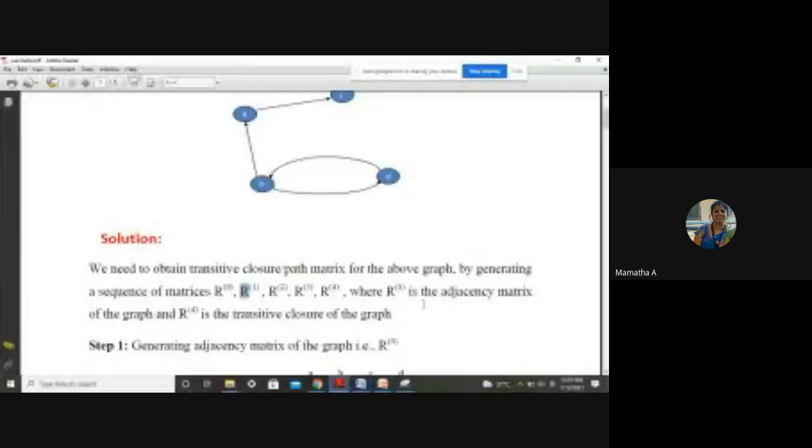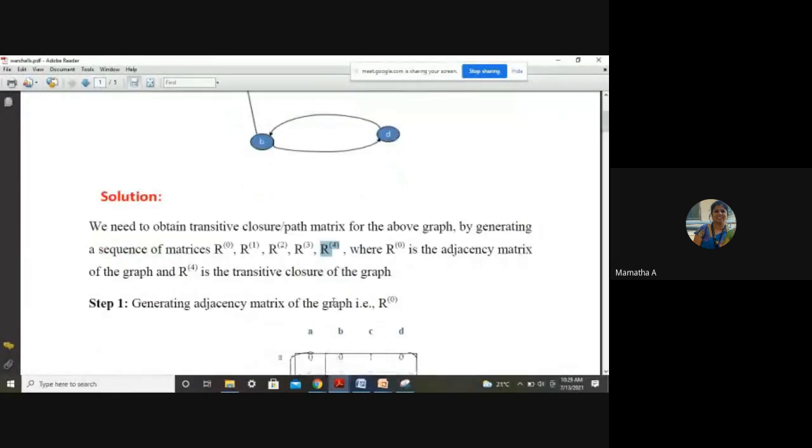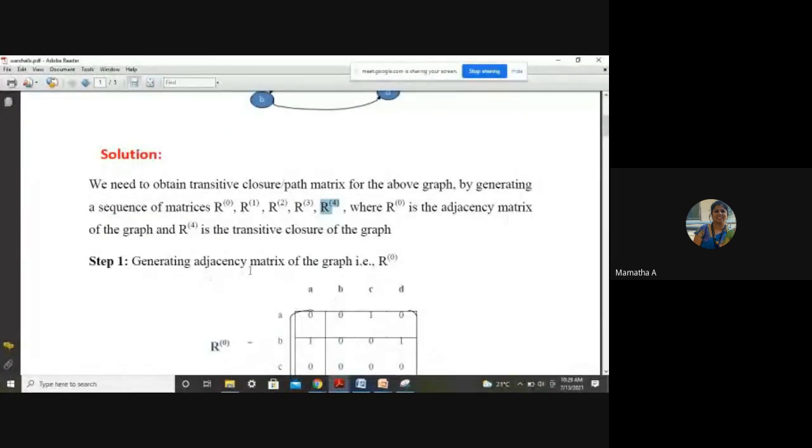So R0 is my adjacency matrix and R4 is the transitive closure of the graph. Step 1, first let me generate the adjacency matrix of the graph, that is R0.